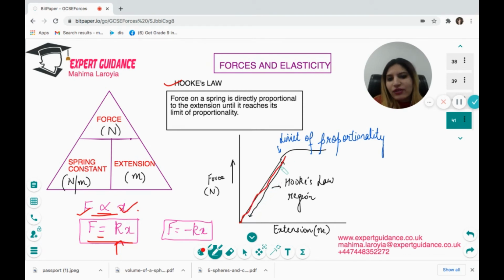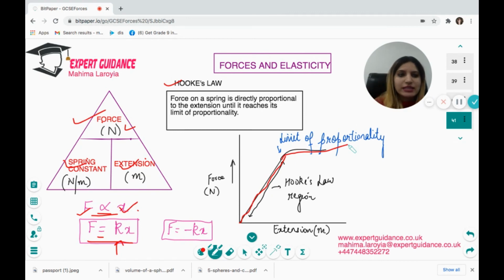This is the graph which shows a spring obeying Hooke's law. We can use this triangle: force is equal to k times e, where force is given in newtons, the spring constant is given in newtons per meter, and extension is in meters. You can see that there is a little curve and flattening of the graph here, and this is the limit of proportionality or the elastic limit.